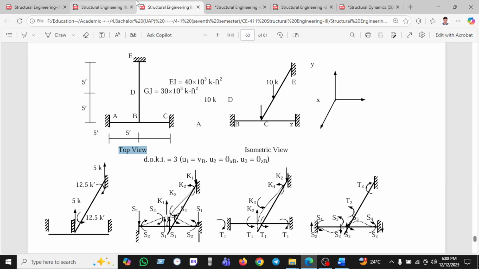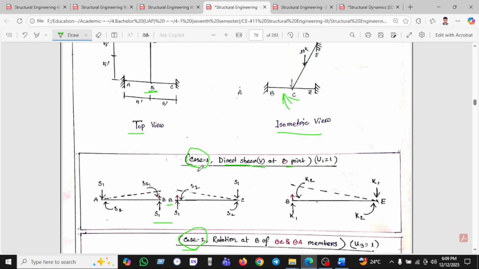Okay, let's start here. We can see the top view and isometric view given here. Now in case 1, we are just applying the vertical load upward. So what will happen? In B we see it will be S1, upward, for member AB and member BC. These two members will go upward, that's why it is S1 and S1, and the opposite direction must be S2.